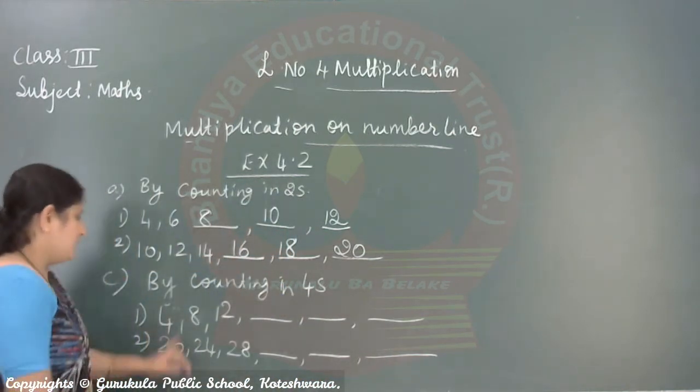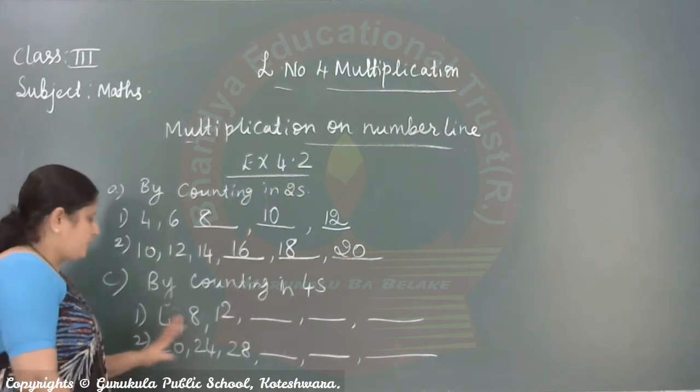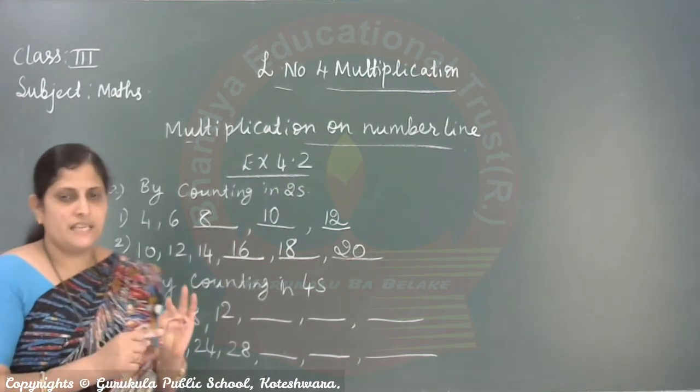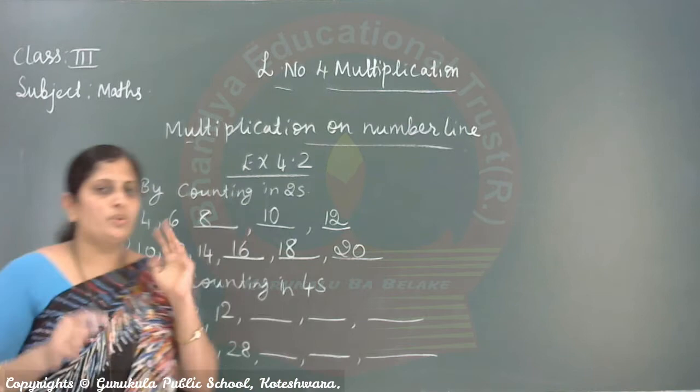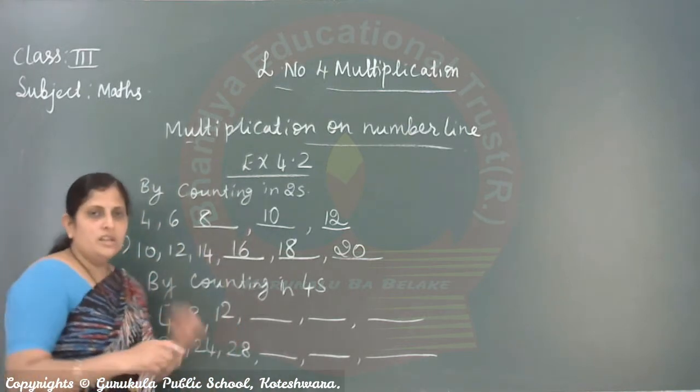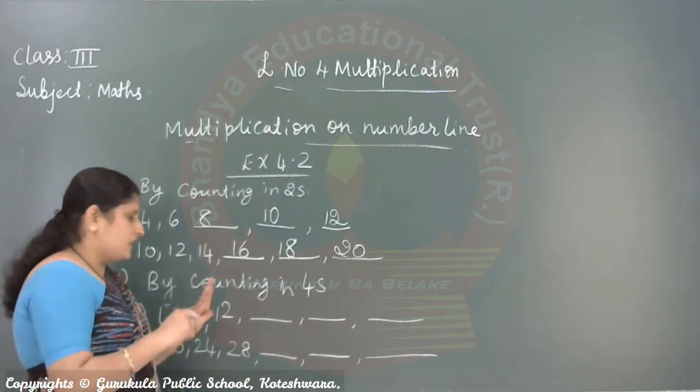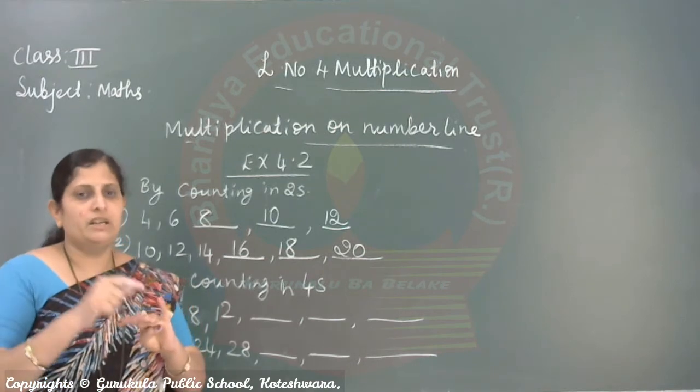So here say 4, 8, 12 is given. 4, after that 5, 6, 7, 8. You have to count 4. 8 you got. Now again take 4. 8, after that 9, 10, 11, 12.